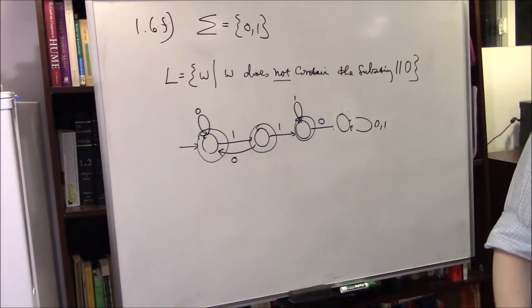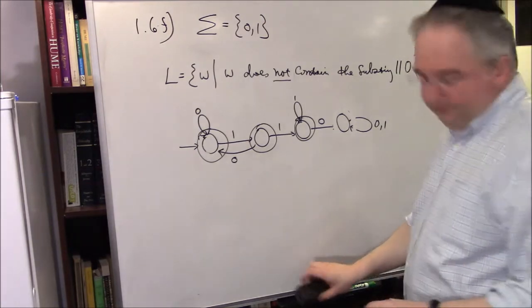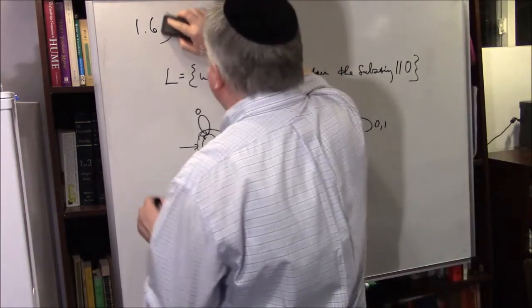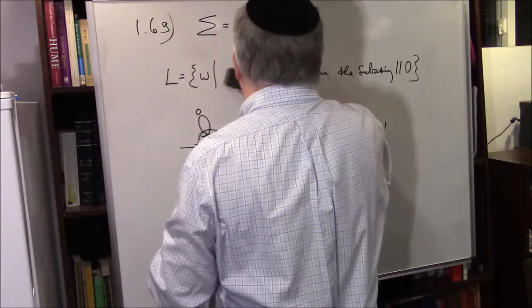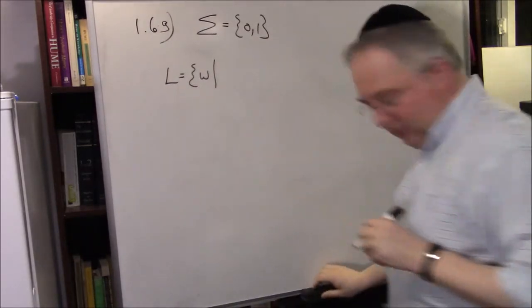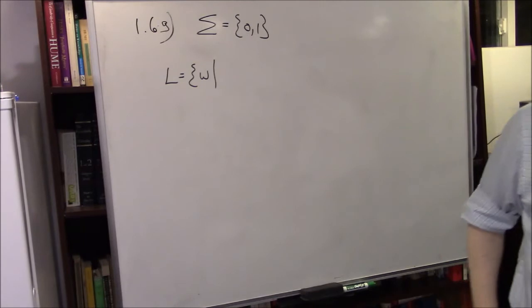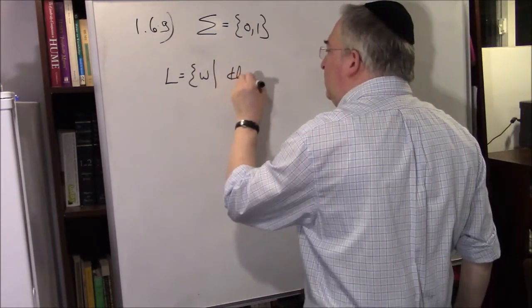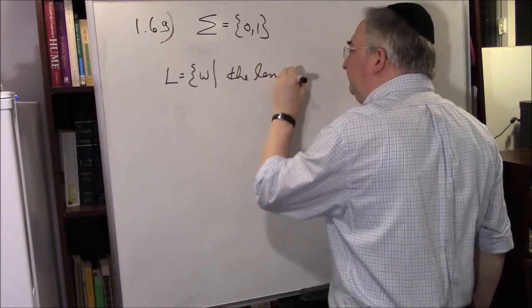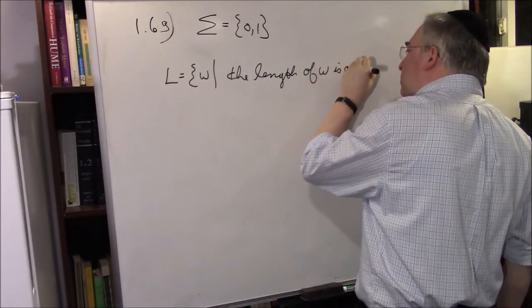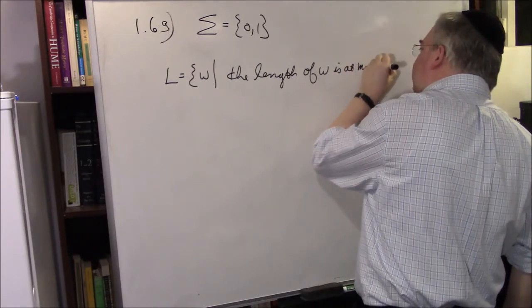Okay, great. Some more. This is 1.6G. The alphabet's the same. Okay, let's see what it says. The length of W is at most 5.